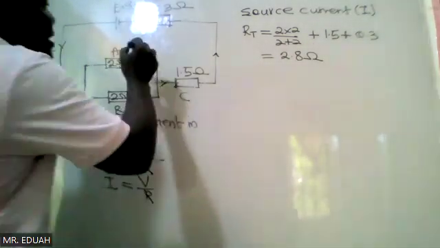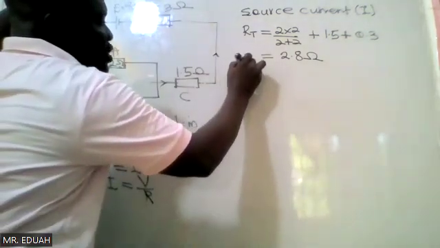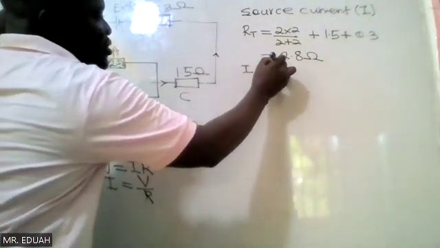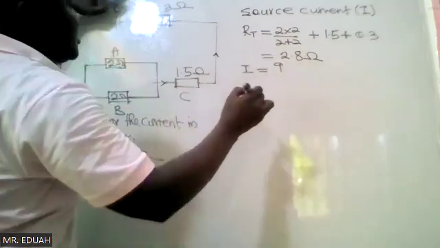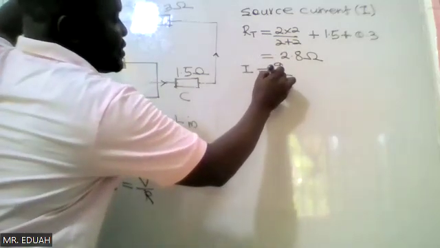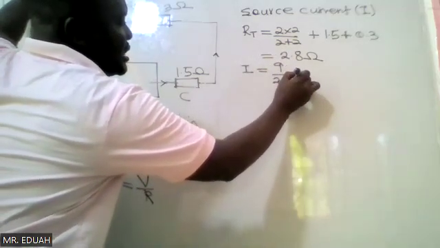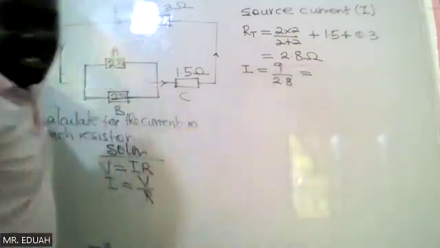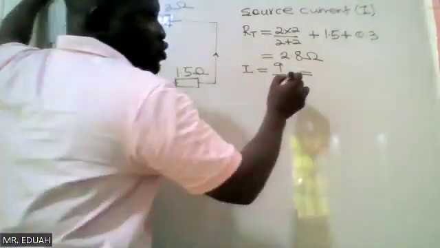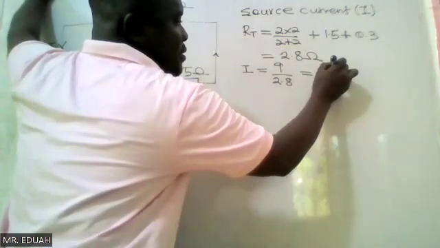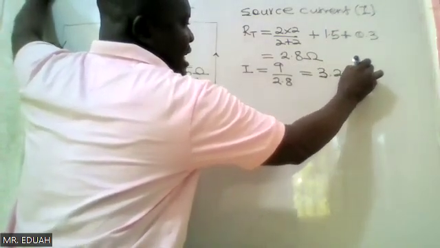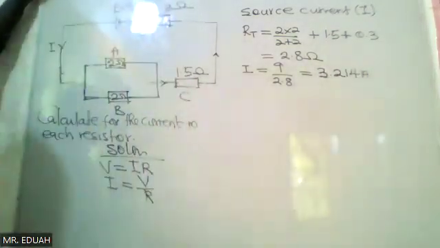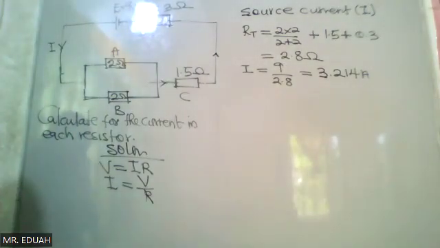Therefore, the source current I is equal to 9 volts divided by total resistance of 2.8 ohm, giving us 3.214. Rachel, is that the answer? Yes, please.